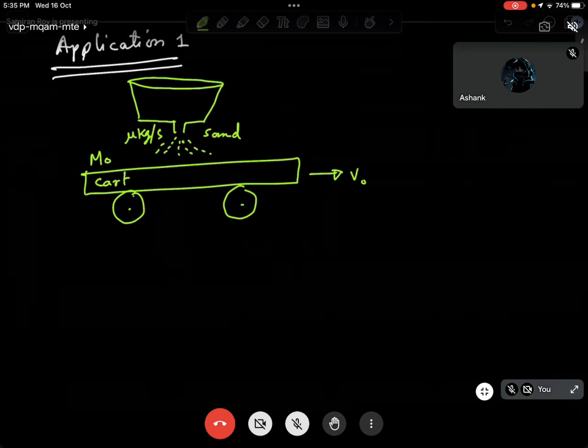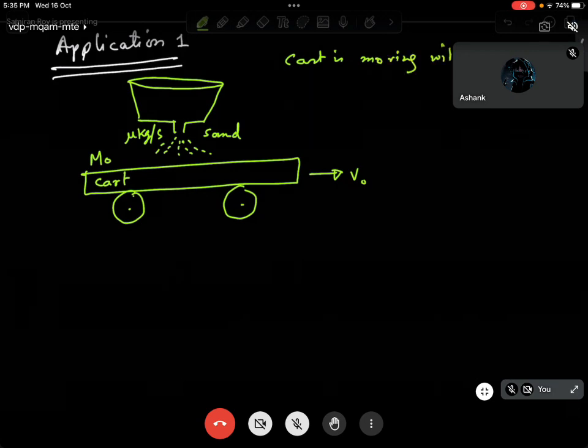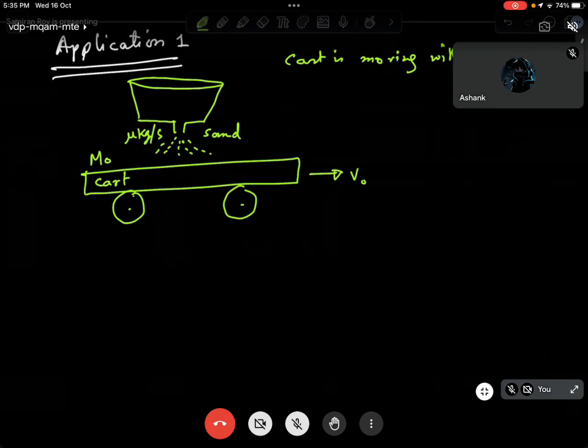So the question is basically: the cart is moving with v0 initially, and sand is falling at mu kg per second.